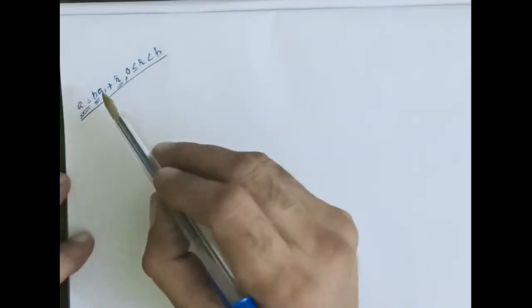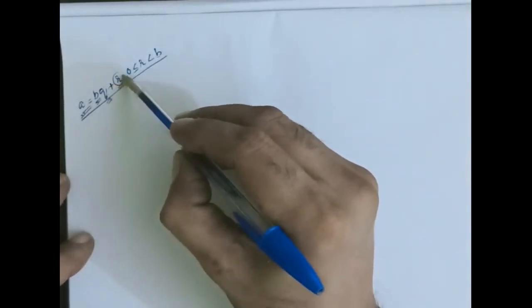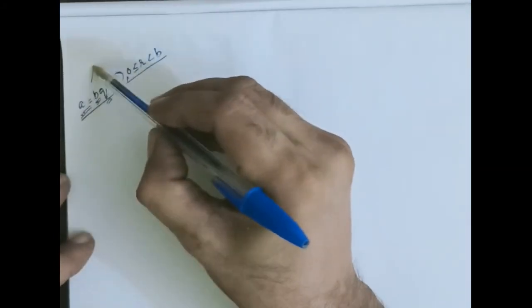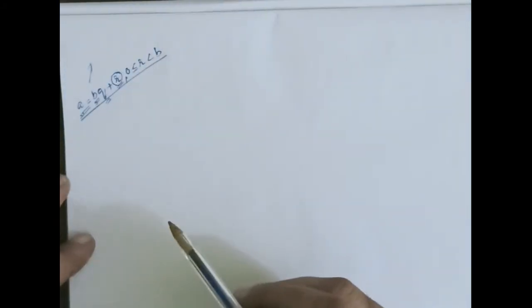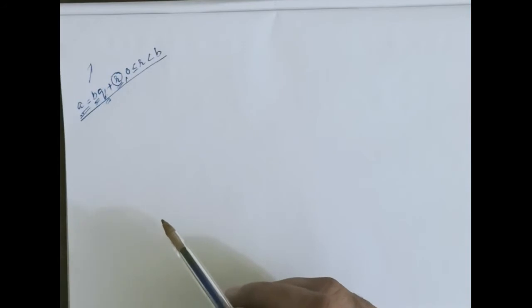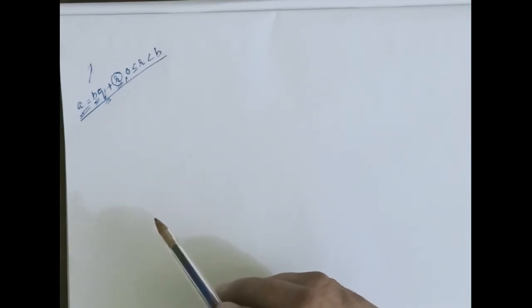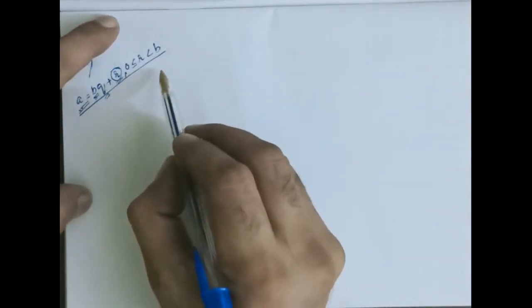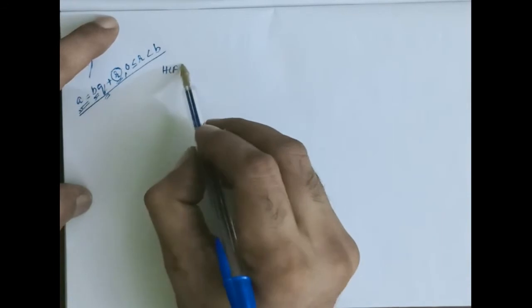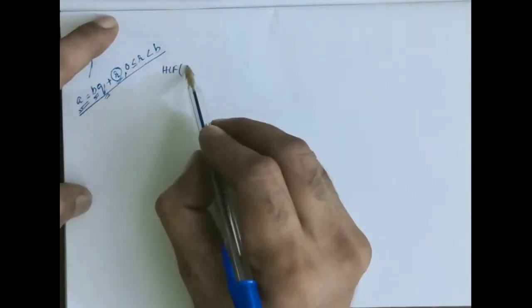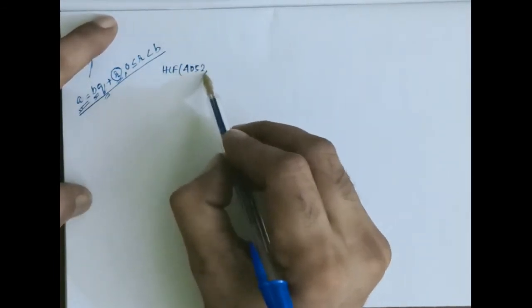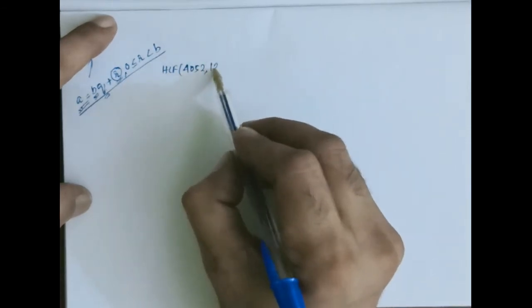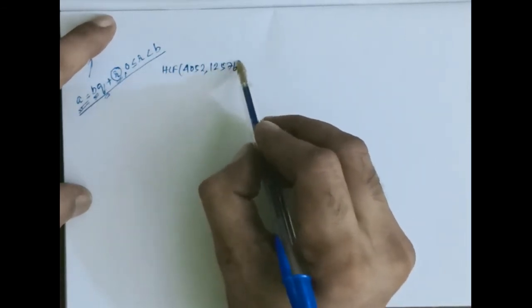If the value r equals 0, we can tell that b is a divisor of a. So according to this, let us discuss the first question. Find the HCF of 4052 and 12576.